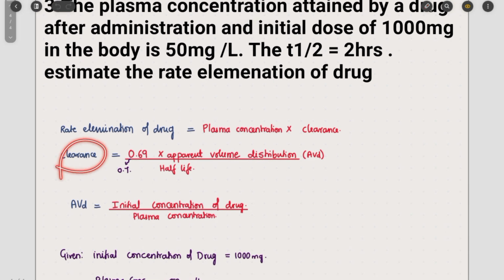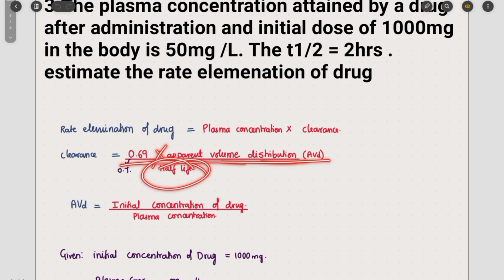What is clearance? Clearance is something that you have to multiply 0.69, that for easy calculation we can take as 0.7, into apparent volume of distribution divided by half-life. Something is cleared in some time period. So apparent volume of distribution divided by half-life. Can you repeat the formula?